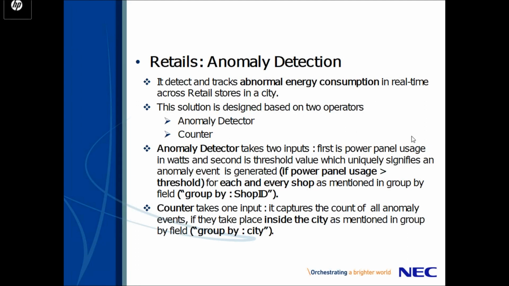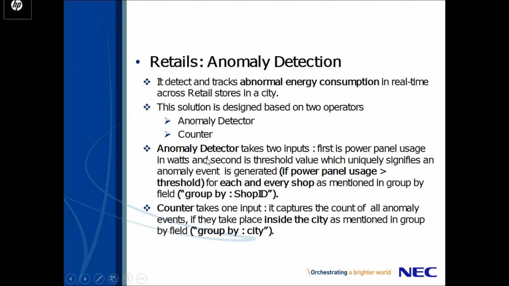Yes, Jason has said that you can see it. Thank you, Jason, for sharing the link. So the anomaly detector use case has two operators, as I told you. The first one segregates each payload by its shop ID. Each shop has its own ID, and it will generate the alarm on the basis of that ID.